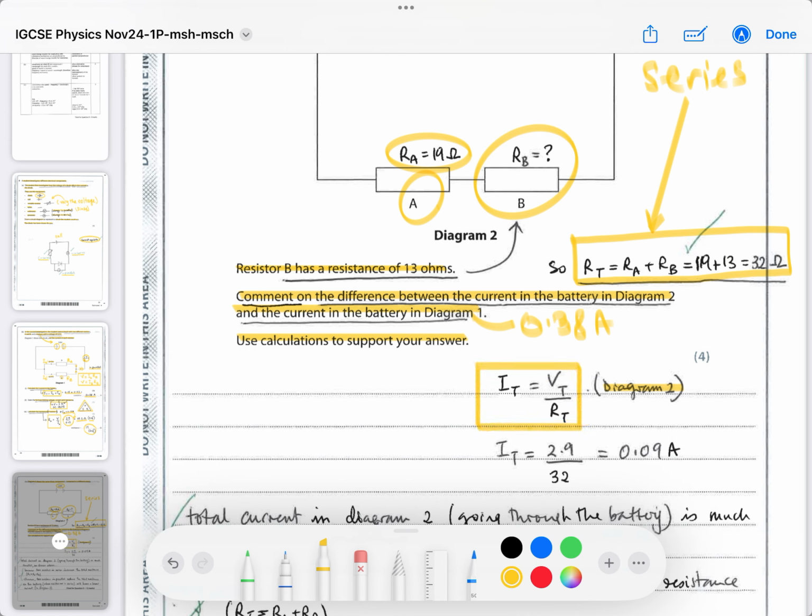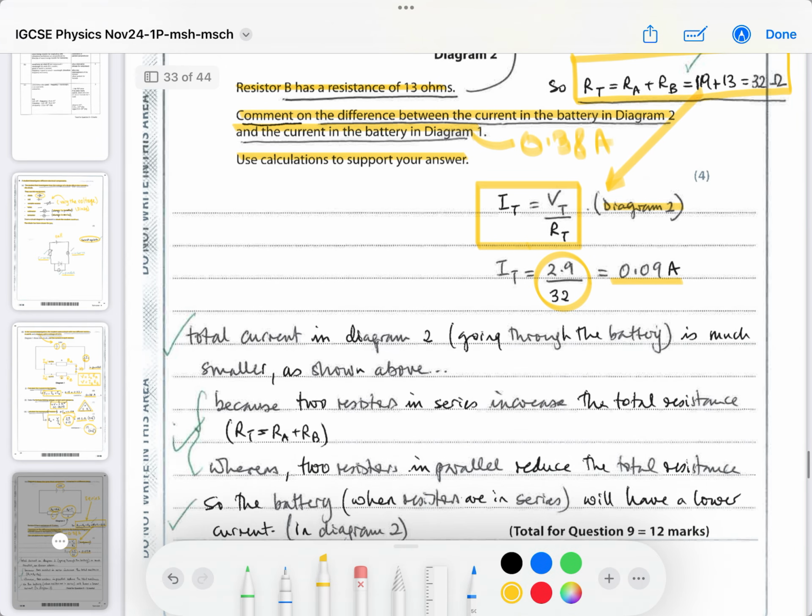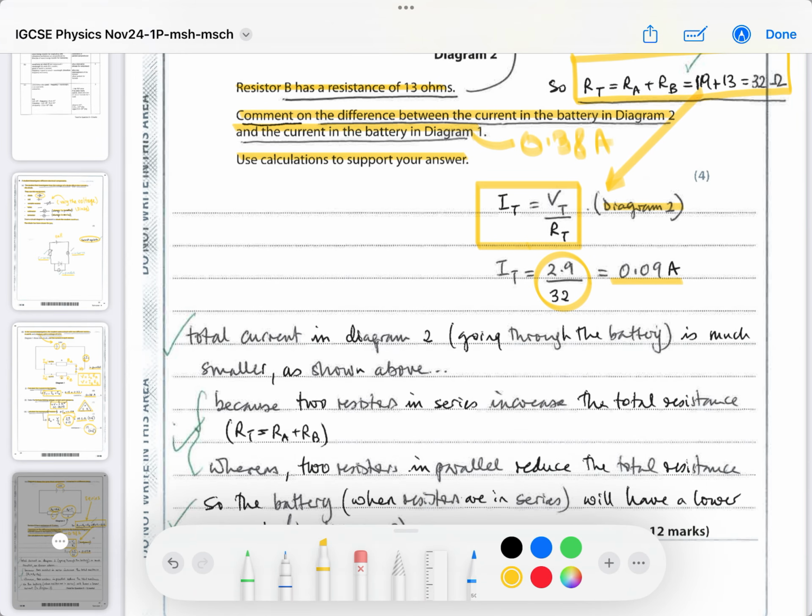And I've just told you that the total resistance is 32. So you put 32 into this equation. We know the voltage is 2.9, so divide one by the other, and you see that the current is much smaller, only 0.09, because I told you two resistors in series adds to the resistance, so the current is reduced.